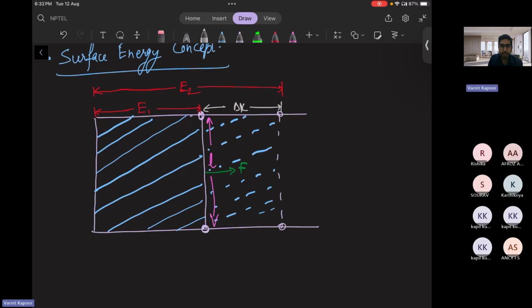Can anyone of you tell me? You know the dimensions. What is the increase in the area? It's a rectangle. What is the formula for the area of a rectangle? This is your increase in the area, right? So tell me, what is the increase in the area?